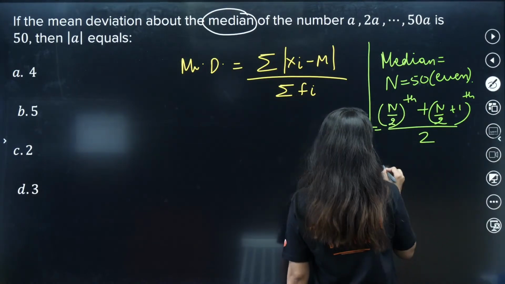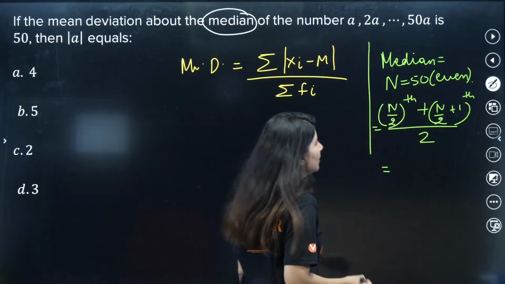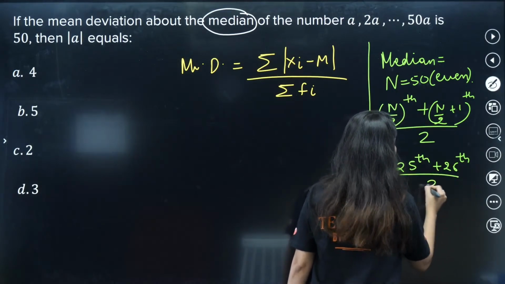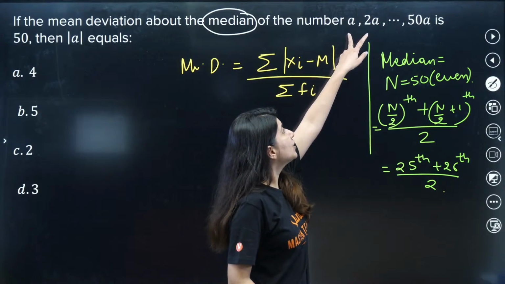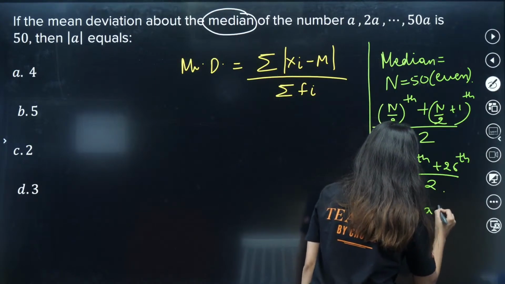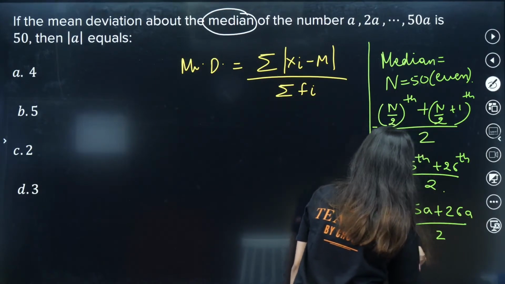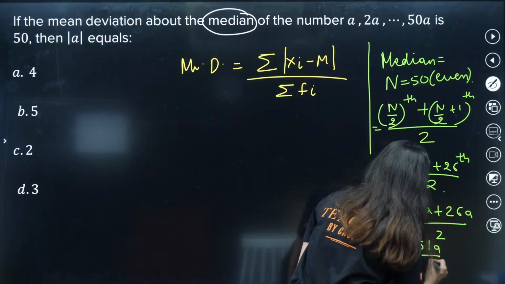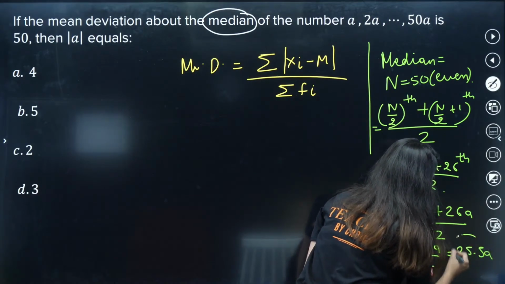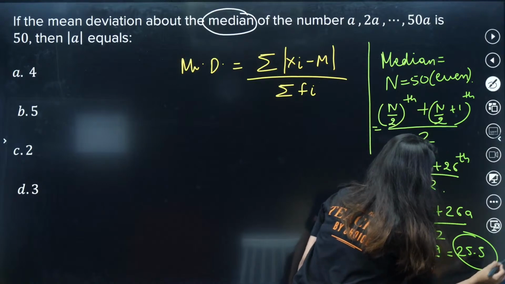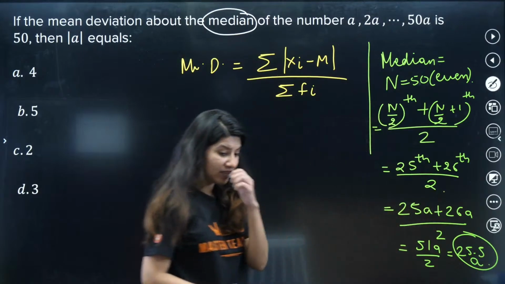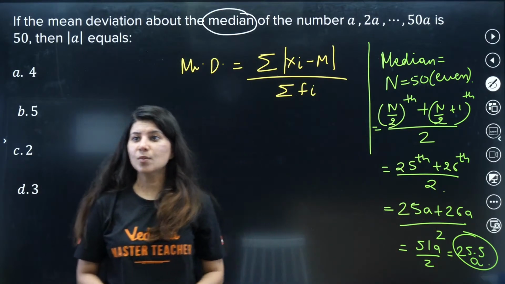So the 25th observation plus the 26th observation by 2. If the first observation is 1A and the second is 2A, then the 25th observation is 25A. So 25A plus 26A upon 2, that is 51A by 2, which is 25.5A. This is your median.